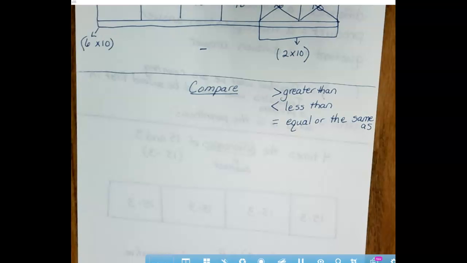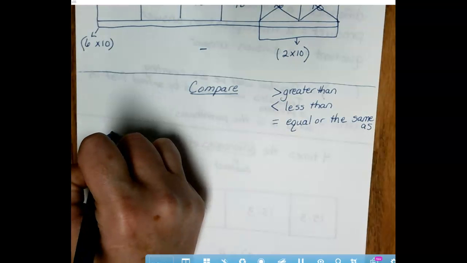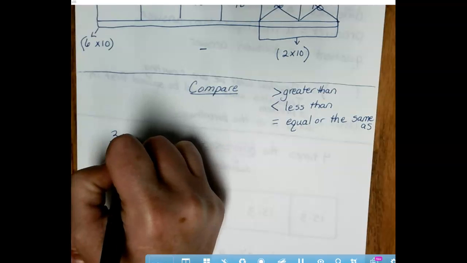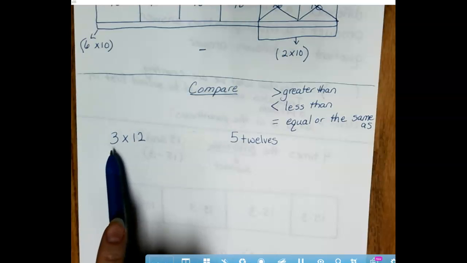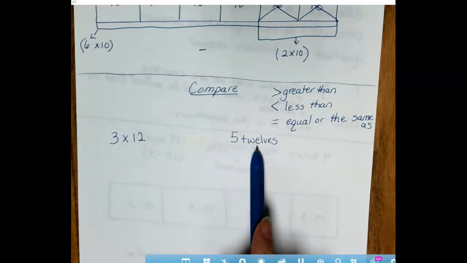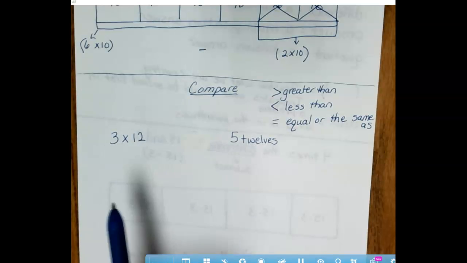Now let's compare some expressions. Let's compare 3 times 12 to 5 12s. We can do this without actually finding the answer to either one of these problems. 3 times 12 and 5 12s are both ways of saying multiplication.